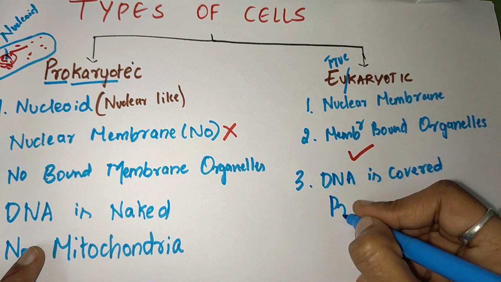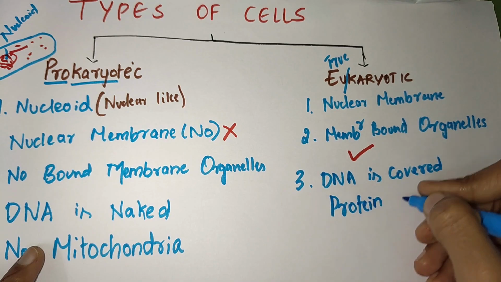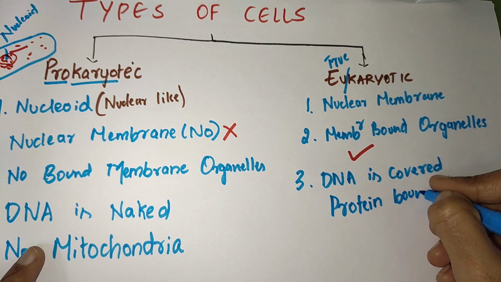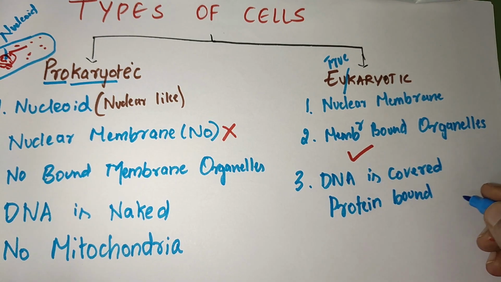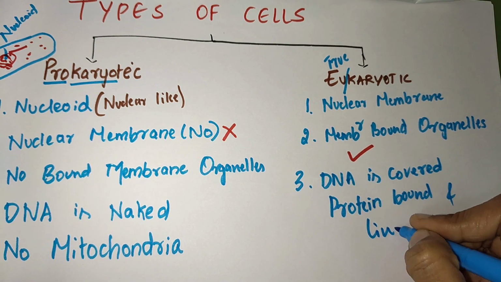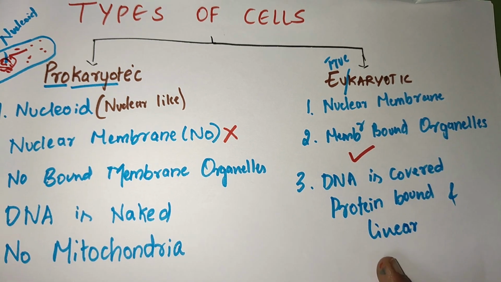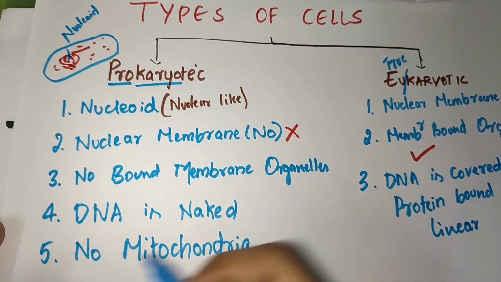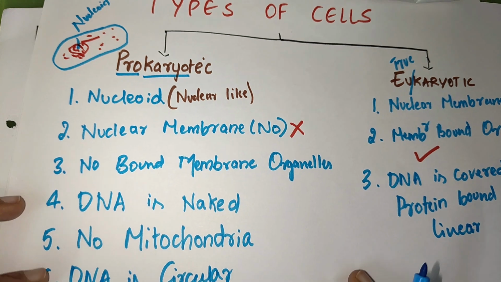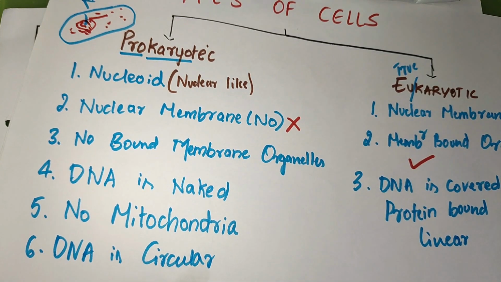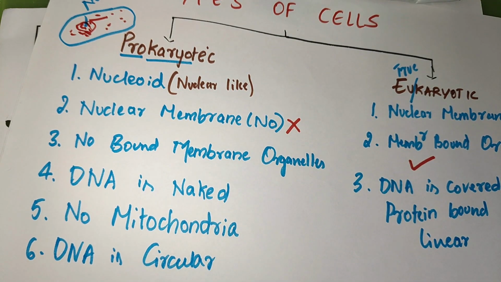It is covered by protein, and also it is linear. जब हम यहाँ पे linear की बात कर रहे हैं, then note down here the DNA is circular. Okay, I forgot this before. DNA circular होगा, जबकि यहाँ पे DNA linear रहेगा.